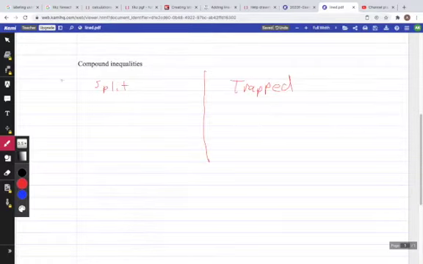This is if we're just looking at the pictures, because a split inequality is going to look something like this, whereas a trapped inequality is going to look something along these lines. So are we trapped between two numbers, or are we able to go away from the center?